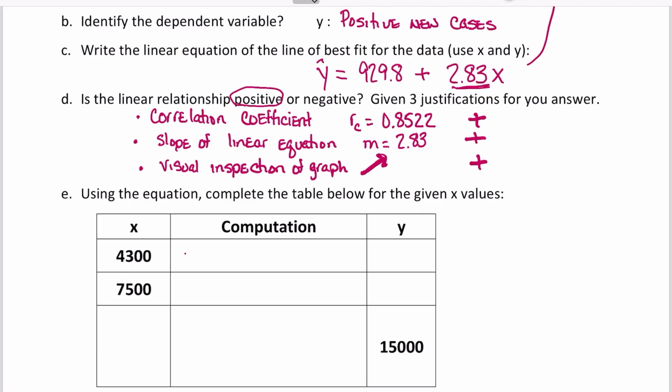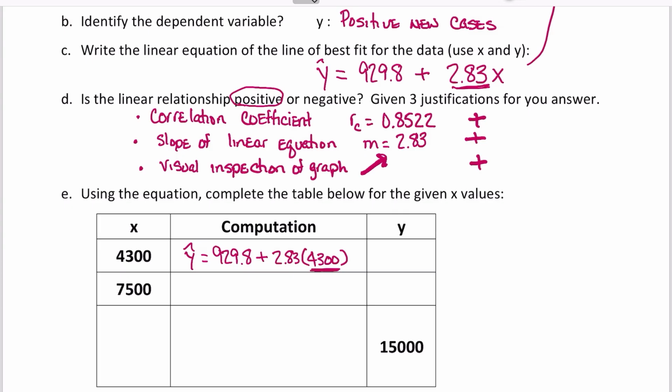So my number of positive cases, Y hat, is equal to 929.8 plus 2.83 times 4,300. I just plugged in that X of 4,300.